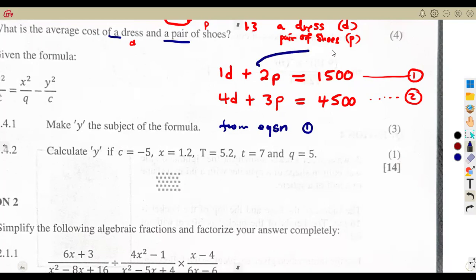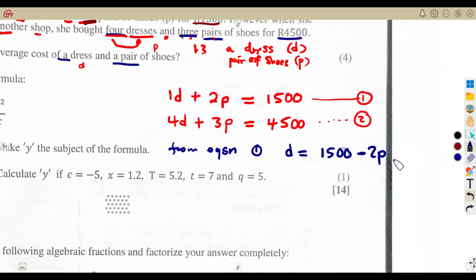So I'm going to take 2P to the other side. D is going to be equal to 1,500 minus 2P, because 2P to the other side becomes negative. So this is another equation that I have formed. I'm going to name this equation 3.